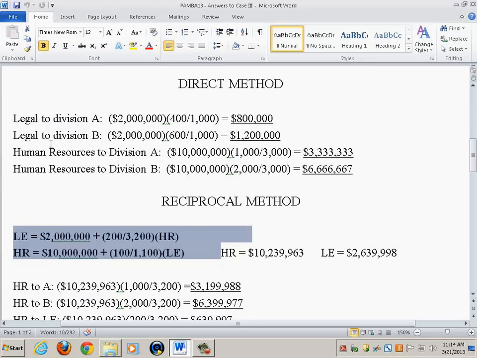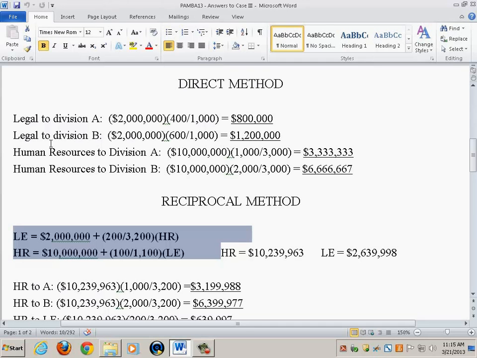I'm just highlighting them, where we have two unknowns, LE and HR. Now let's carefully define what we mean by LE and HR, the two unknown variables in those two simultaneous equations.